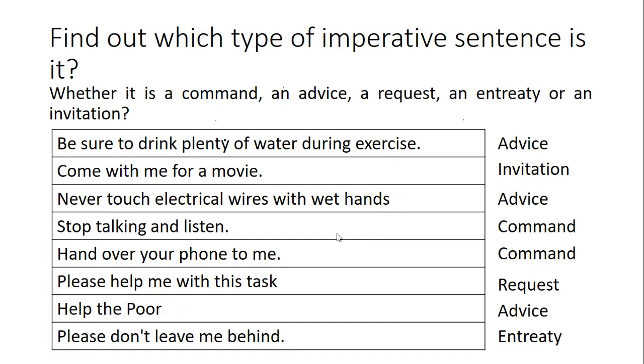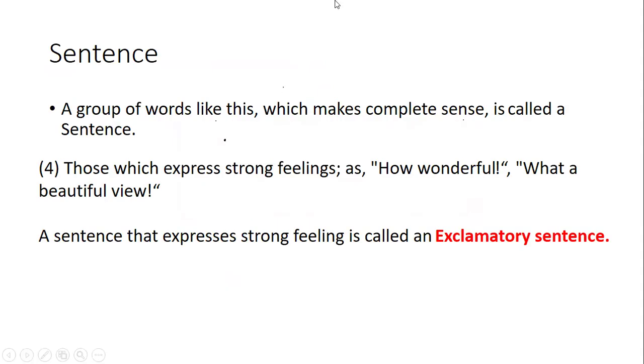Moving further, let us go to a fourth type of sentence, which is the exclamatory sentence. So what are exclamatory sentences? See how I'm reading these. How wonderful. What a beautiful view. This expresses strong feelings, as if you're astonished, so happy to see this.